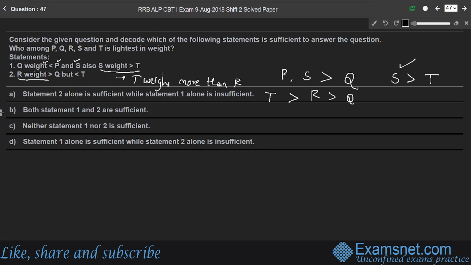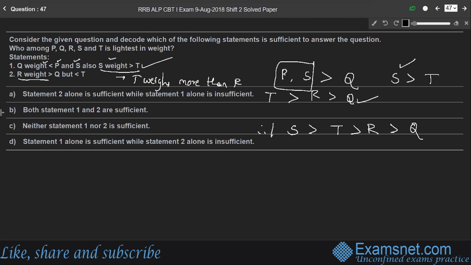And S is strictly greater than T, which is given. So we'll combine these two. Therefore, S weighs more than T, T weighs more than R, and R weighs more than Q. All the conditions are satisfied, but who weighs more between P and S is not clearly given.